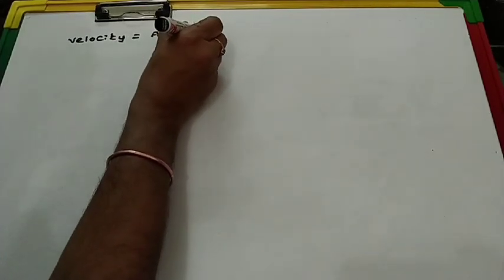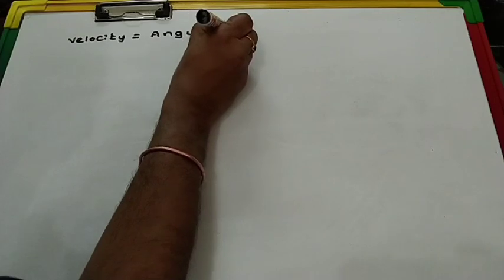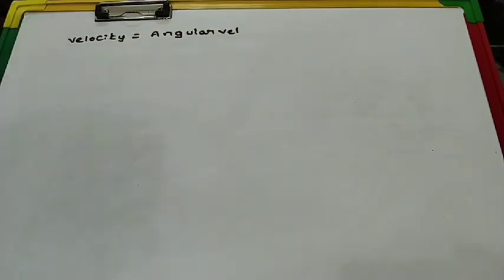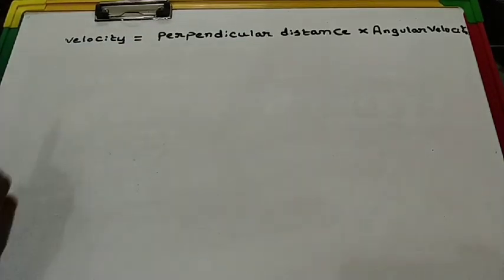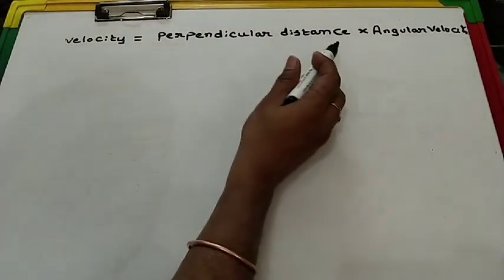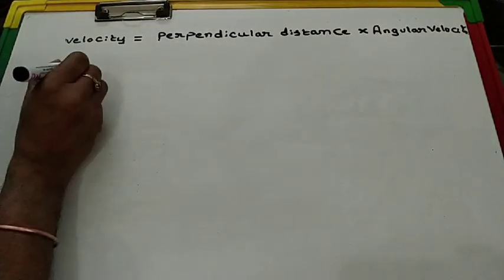Therefore, velocity is equal to perpendicular distance into angular velocity.